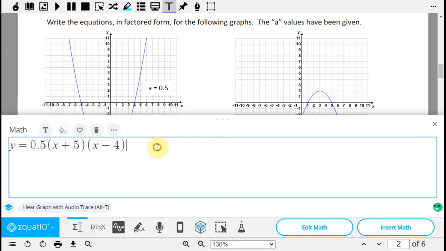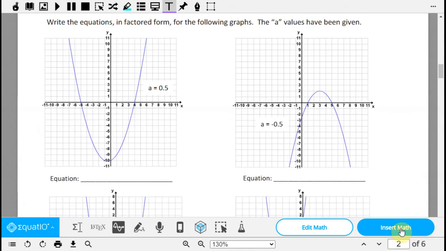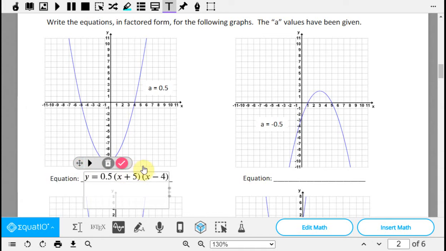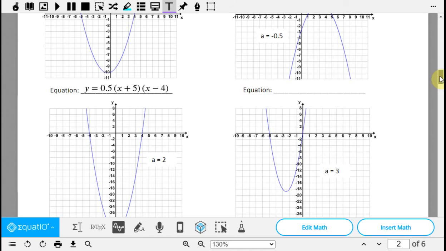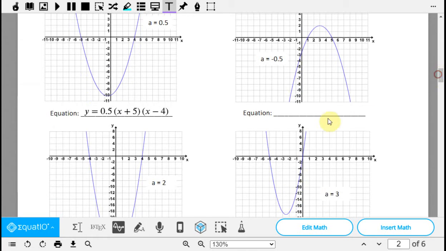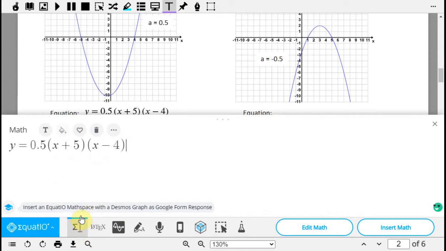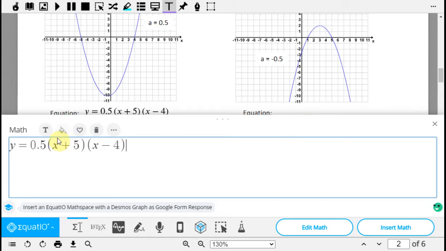So that is minus 4, and there's the equation for that parabola. Looking at this next parabola, we have minus 0.5. We have 1, so this would be minus 1 in the first bracket. Our 0 is 5, so that would give us minus 5 in the second bracket.